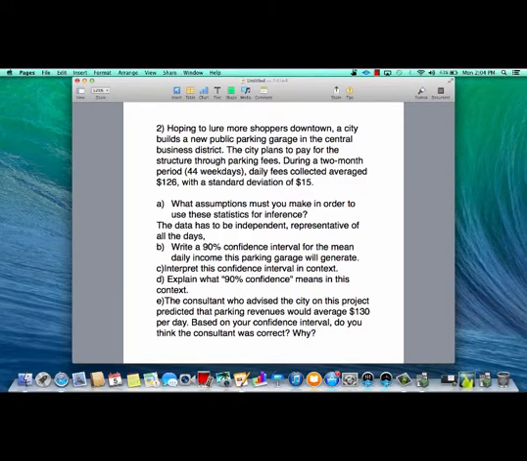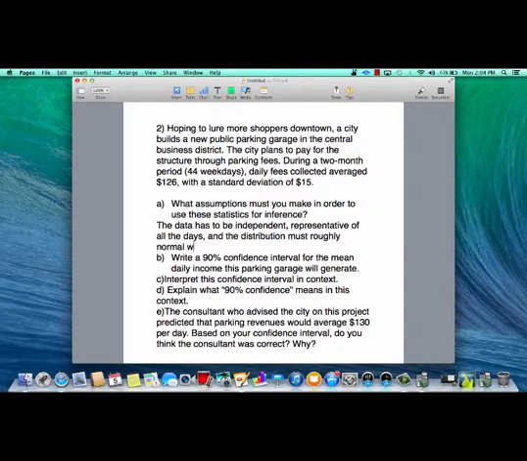Okay, what else? And most importantly, the distribution must be roughly close to normal without any outliers. Okay, that's what we got to assume.